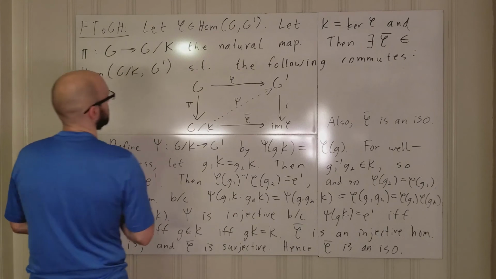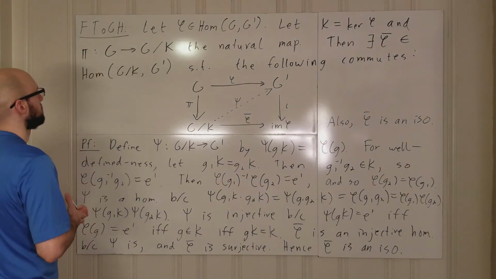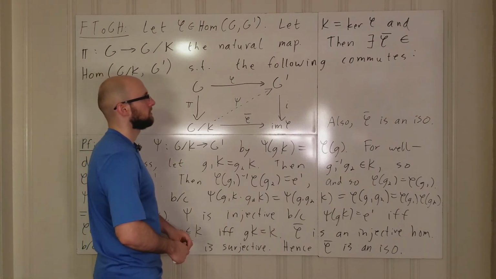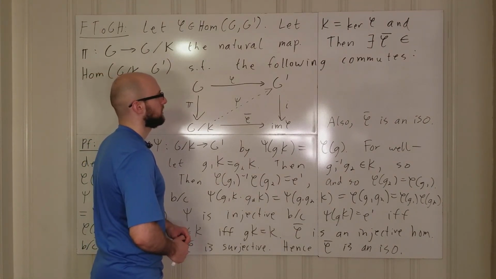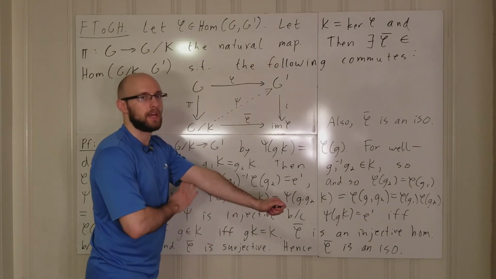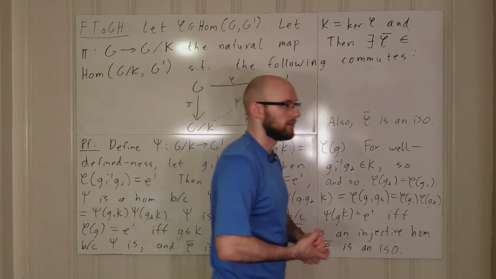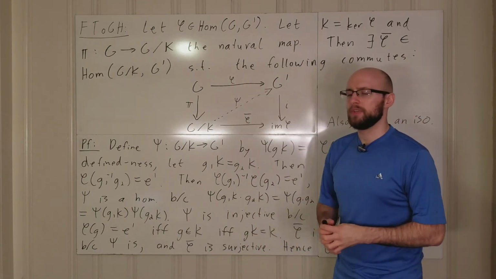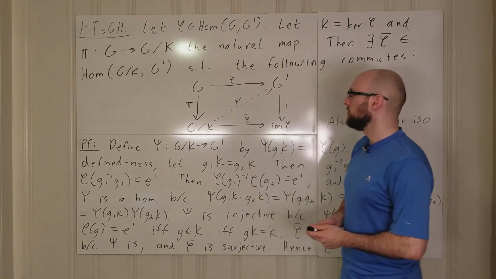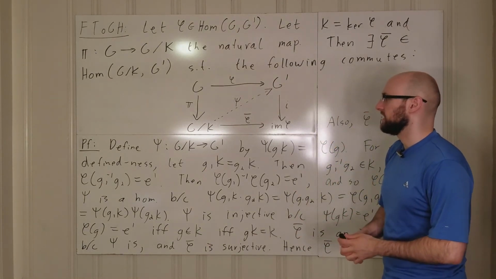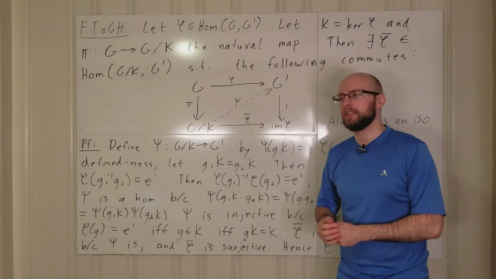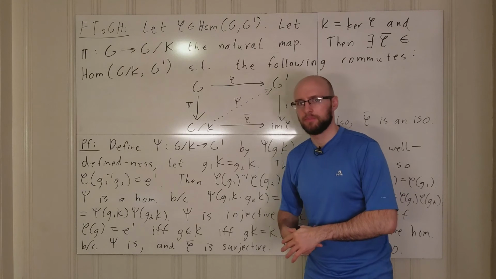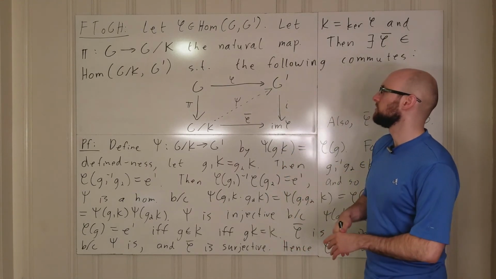Now, it turns out that I think both phi bar and psi end up being unique. There is a uniqueness statement that typically goes with this, and it's not really hard to prove that part because you sort of show that this is the only way you could define such a homomorphism. But of course, you need to put in a little more work to prove it, but we're not going to prove that here.